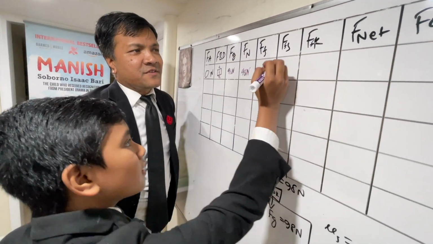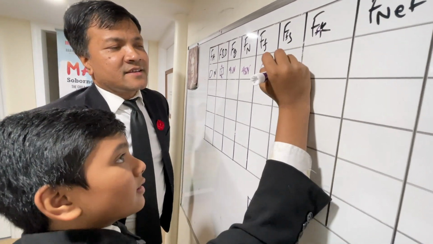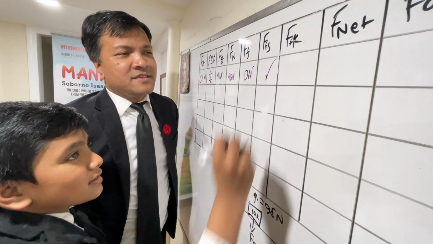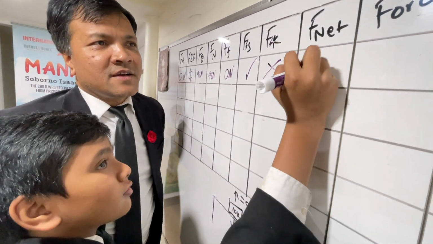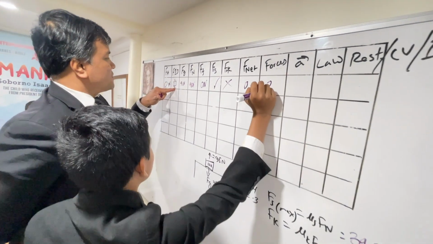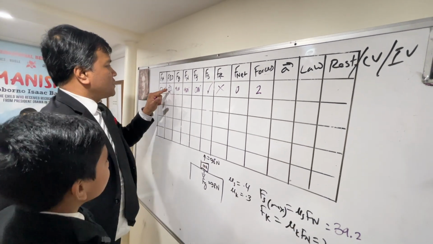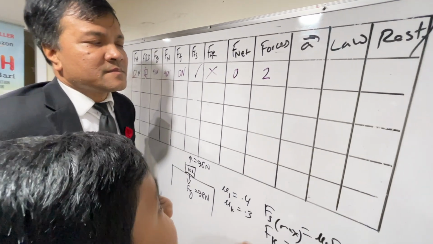Static friction or kinetic friction? Here it would be static friction. F net would just be 0. The number of forces? 2. Acceleration is 0.